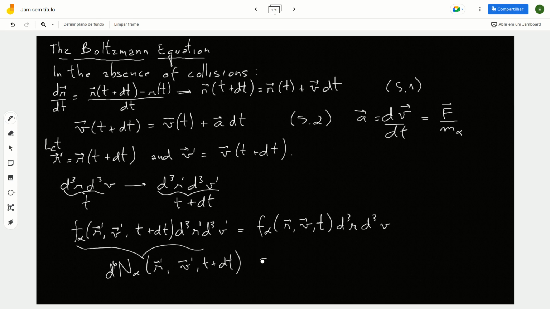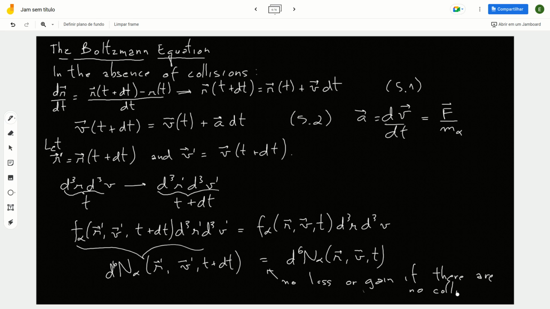So you don't lose, you don't gain particles if you're not considering collisional effects. No loss or gain if there are no collisions.